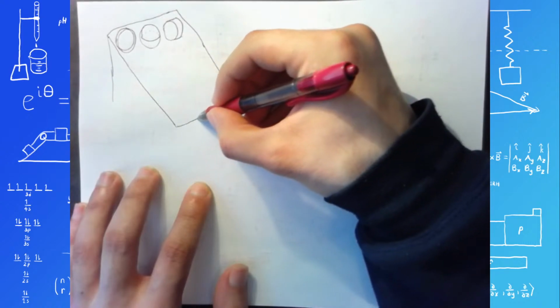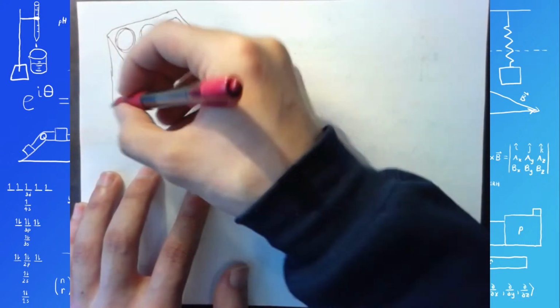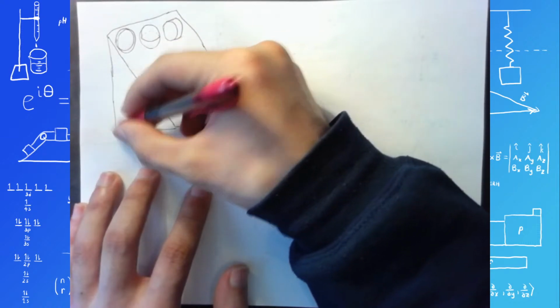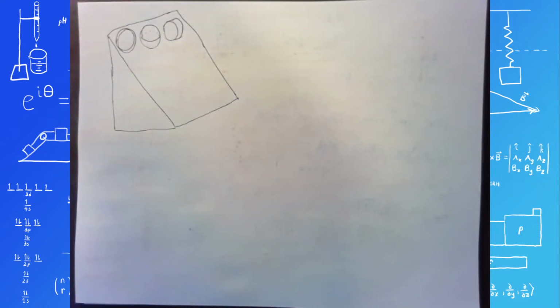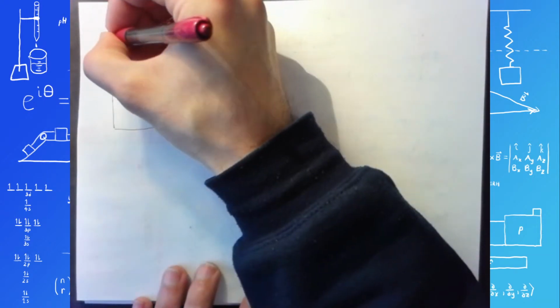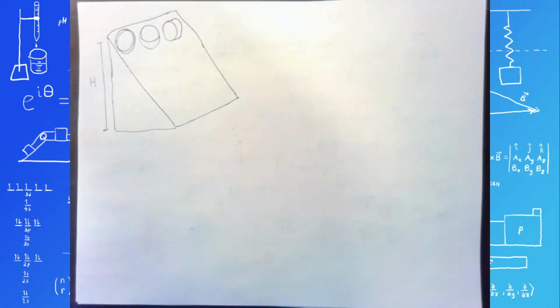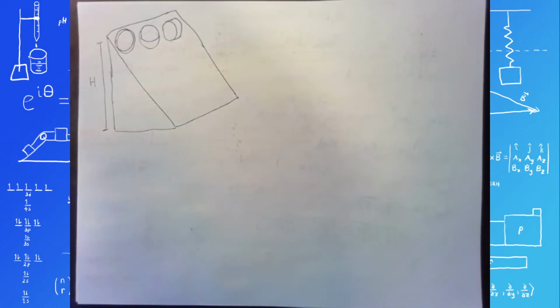I'm drawing it a little more 3D this time around. And they are all released at the same time from rest. We will say that the height of the ramp is big H. And the questions are typically as follows.